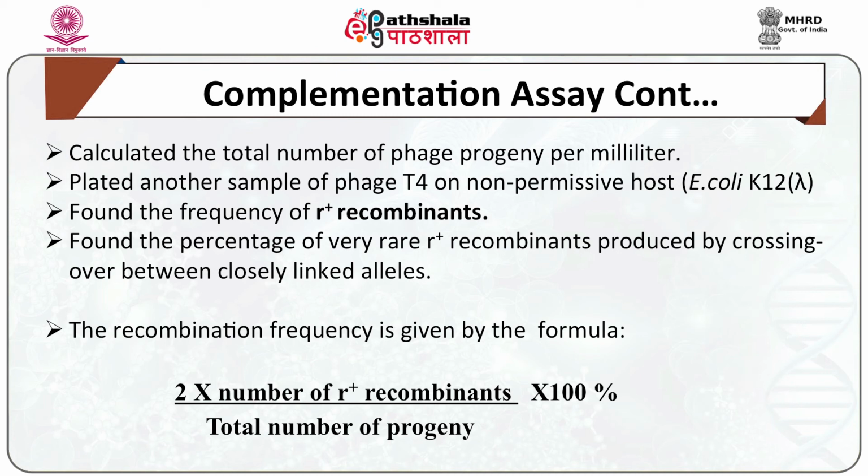Thus, he was able to find the percentage of the very rare r-plus recombinant produced by crossing over between closely linked alleles. The recombination frequency was given by the formula: 2 times the number of the r-plus recombinant divided by the total number of the progeny, times 100%.